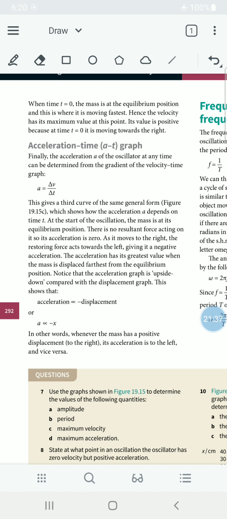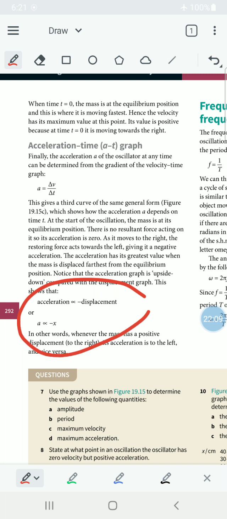At the farthest point, acceleration would have its greatest value. This provides the following relationship, and then write down this relationship.